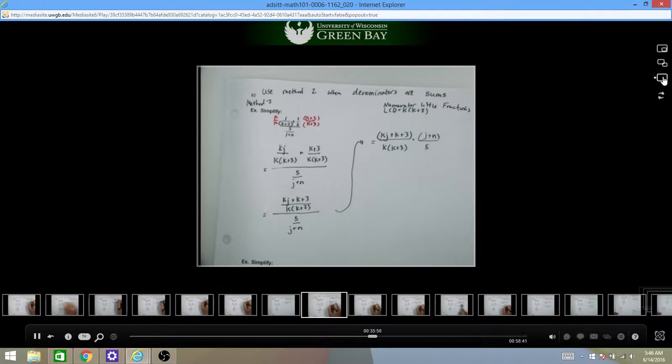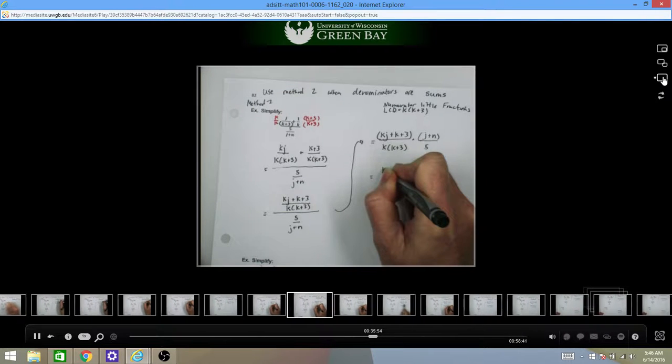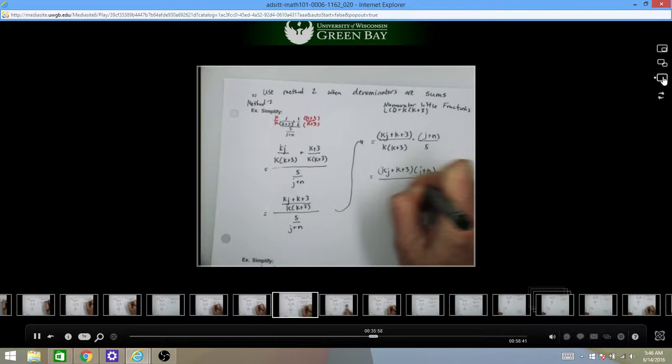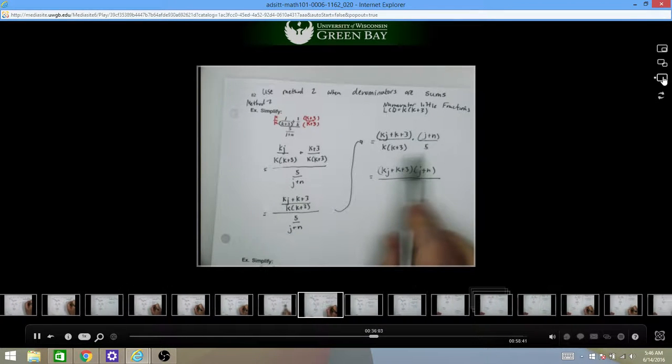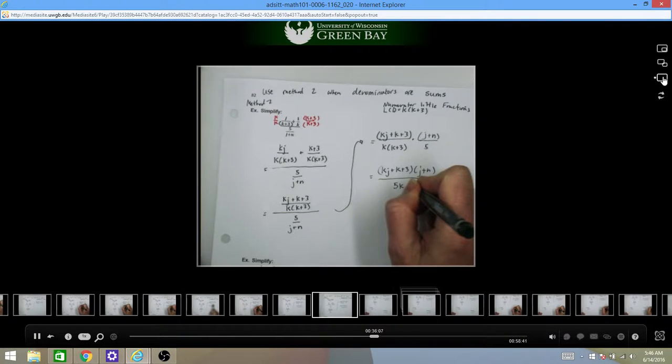So we have (kj plus k plus 3), parentheses, times (j plus n) in the numerator. And the 5 you can put in front of the k. You don't have to, it just is typically put there, okay? So 5 times (k plus 3).